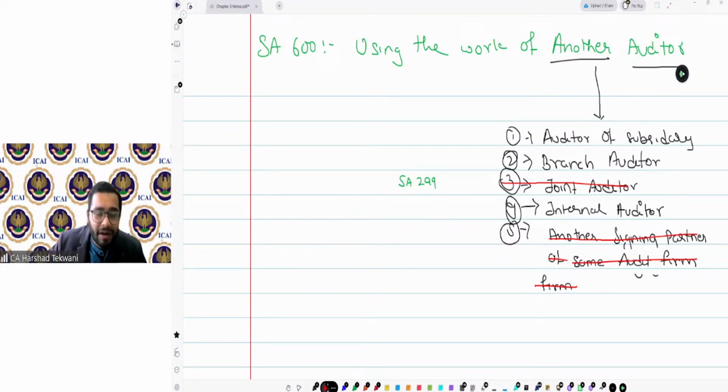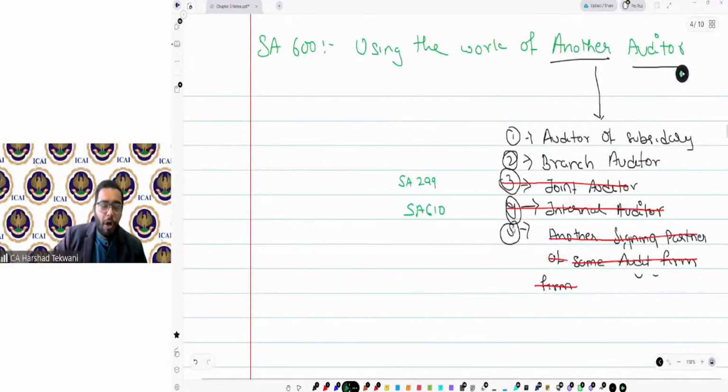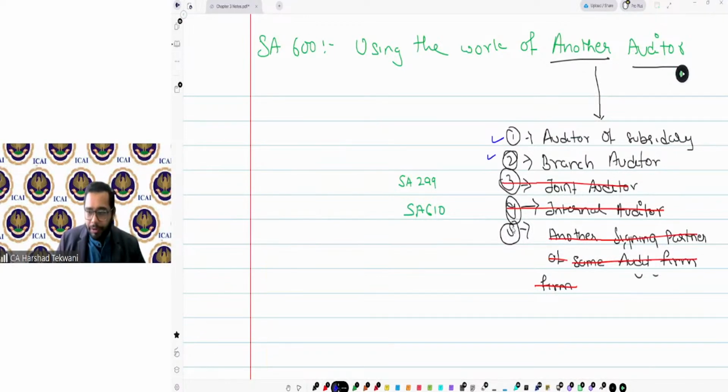Generally, when I say another auditor, internal auditor is also not covered because there is a separate SA that we see when we are talking about the work of internal auditor. If you want to rely upon the work of internal auditor, there is a separate SA to guide us on this, SA 610. So as of now, only two are covered: the auditor of subsidiary and branch audit.